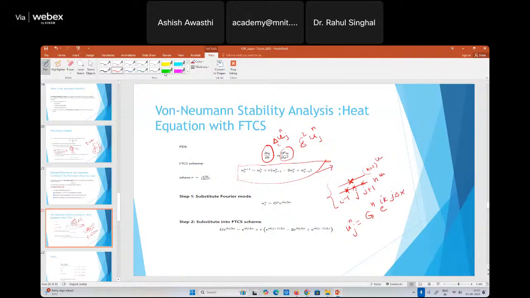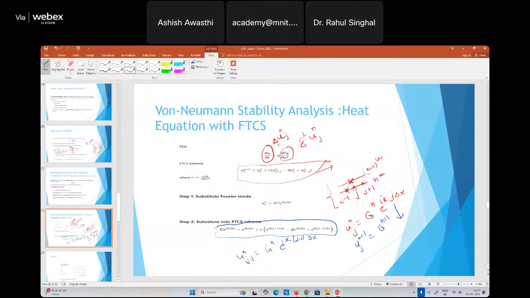Whenever we want to use n plus 1, nothing else will change; here it will be g to the power n plus 1 and the remaining things will be the same. If you write u at j minus 1, then g to the power n will be the same, e raised to the power i k, and then j minus 1 delta x. Like that you can make it. I think it is very clear to you, even though it is a small font.